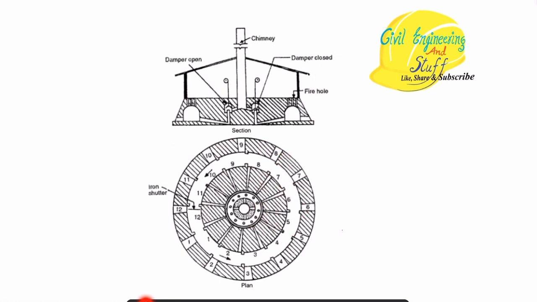So we have iron shutters which divide each of the sections, right? And the clay bricks that need to be burnt are put into each of the sections. The fire holes are there to give the desired heat to each of the sections, right?